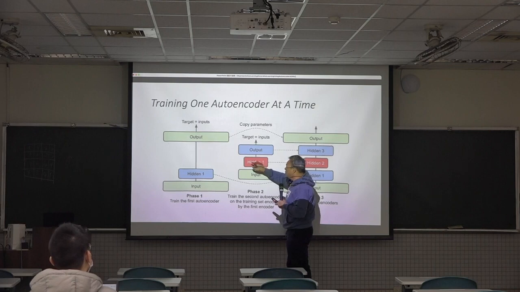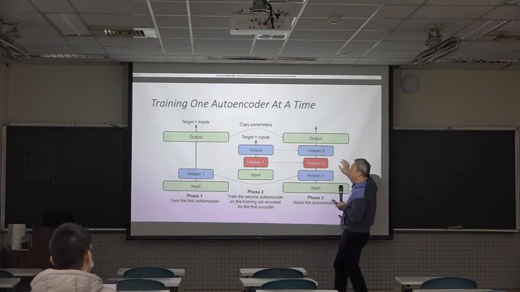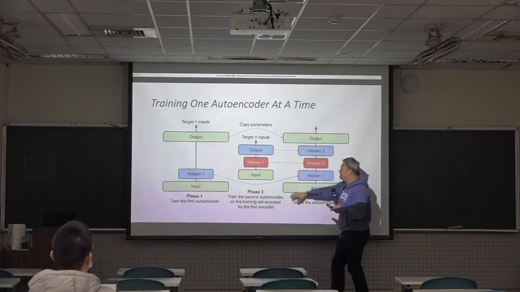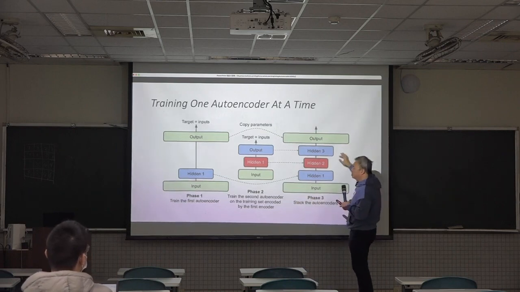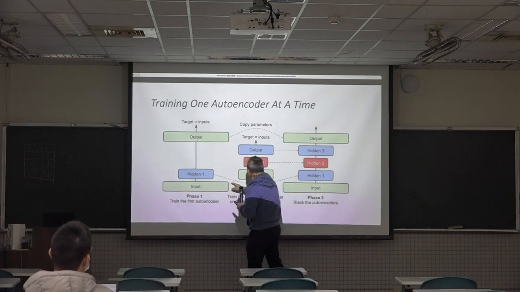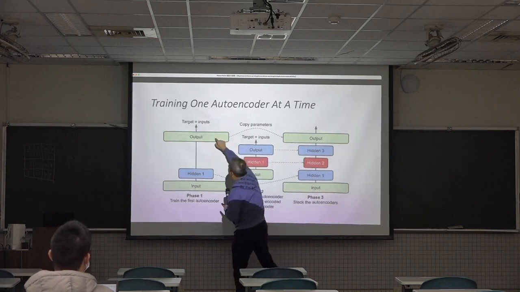Once you finish training, you can stack these two autoencoders together to make a deeper autoencoder. You copy the weights of the hidden layer from here, you copy this one to here, this one to here, and this one to here.